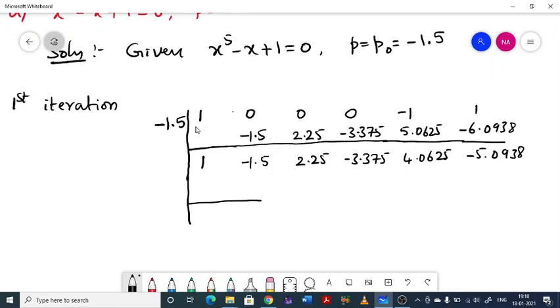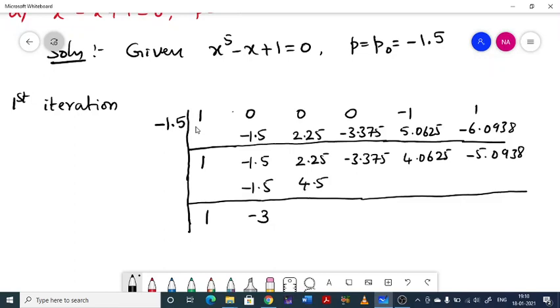So next, you have to repeat this synthetic division. 1 you can carry as it is. 1 into minus 1.5, you get minus 1.5. Adding those two, you get minus 3. Minus 3 into minus 1.5, that is plus 4.5.